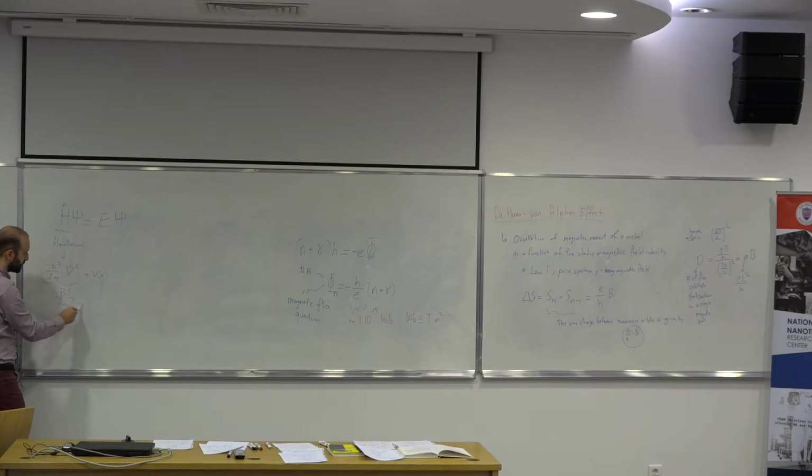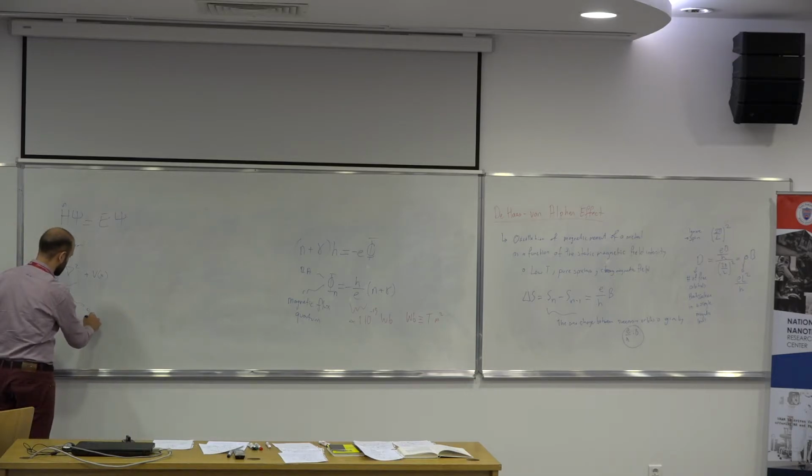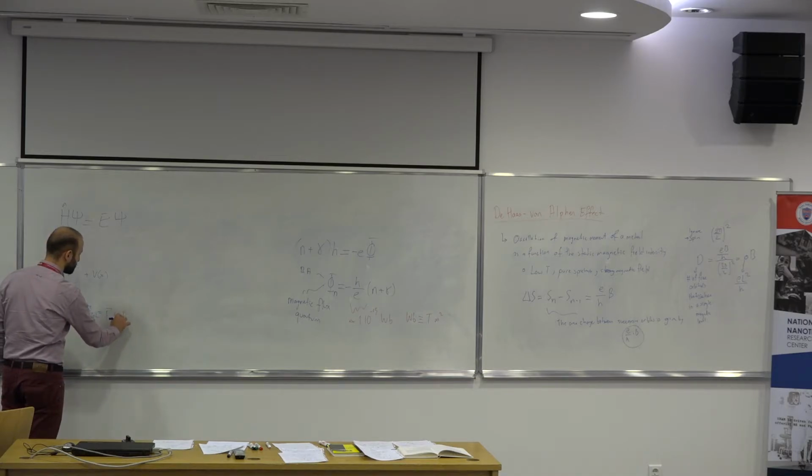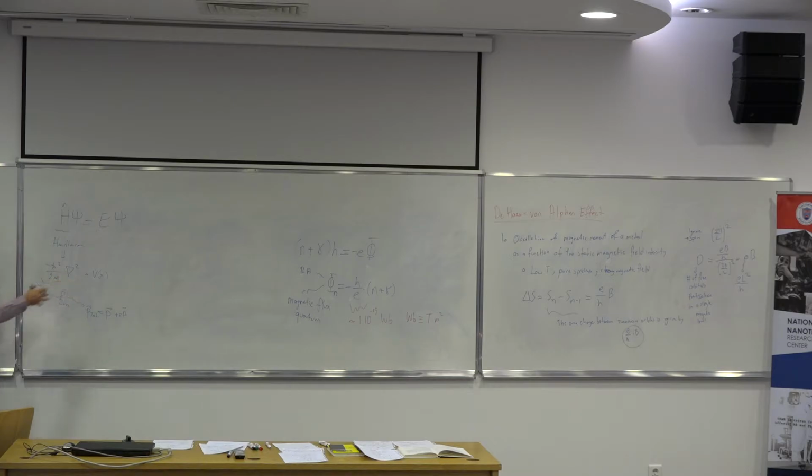But now I know that my total momentum is not just this mechanical momentum. So I have to write this down: my mechanical momentum plus the charge of the particle and the accompanying vector potential under the magnetic field.